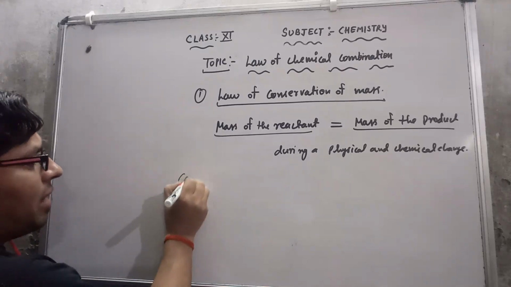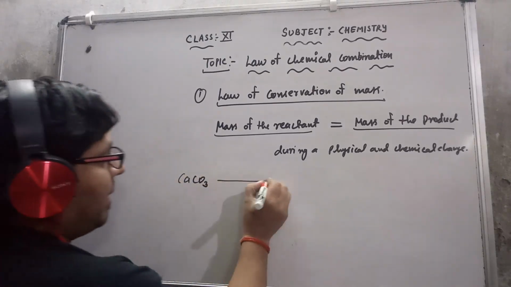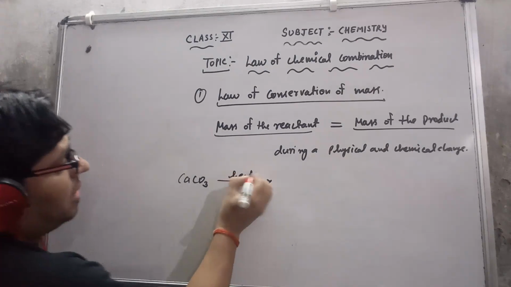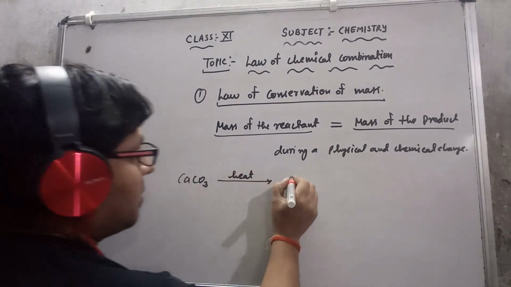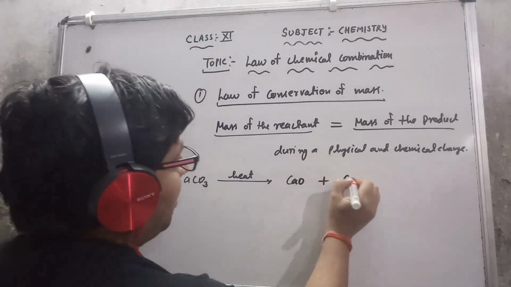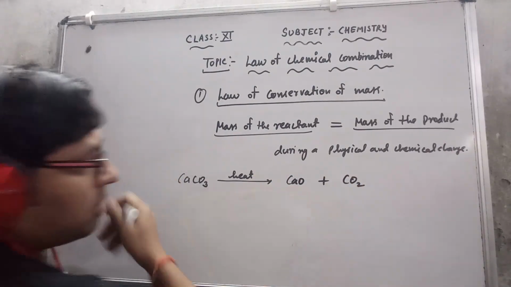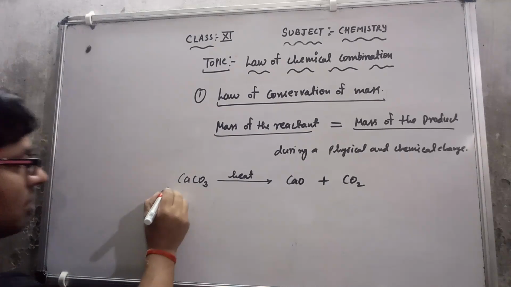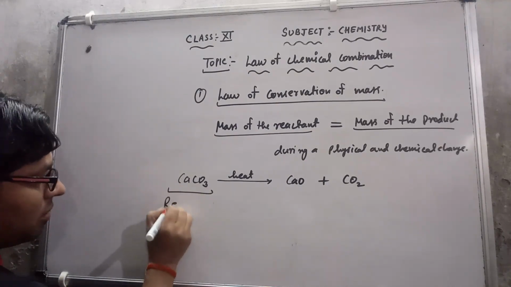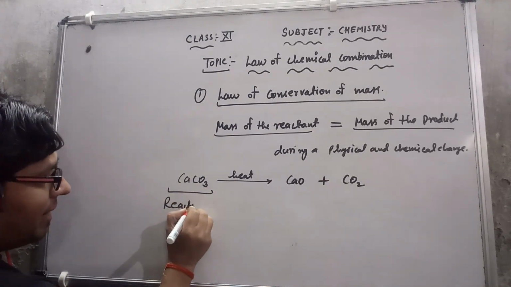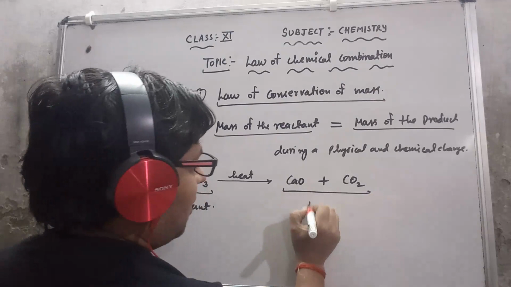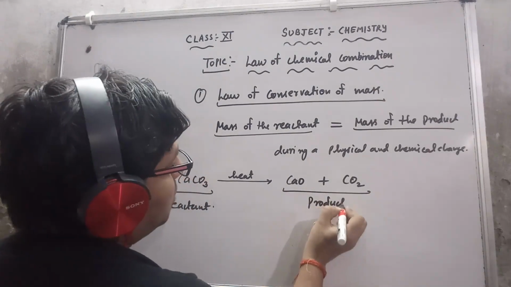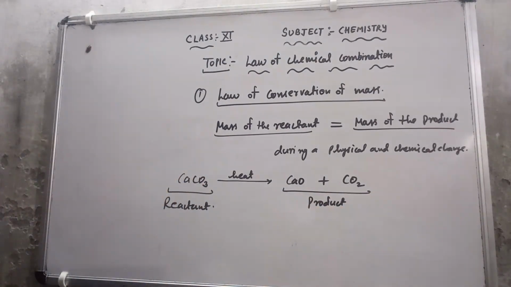Let me discuss one very general example. Suppose I have calcium carbonate and I heat it. After heating I will get calcium oxide and carbon dioxide gas. Calcium carbonate is a reactant because it participates in the reaction, and these two are the products because they form in this reaction.